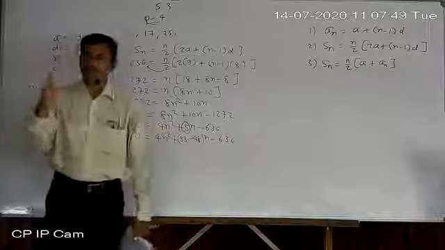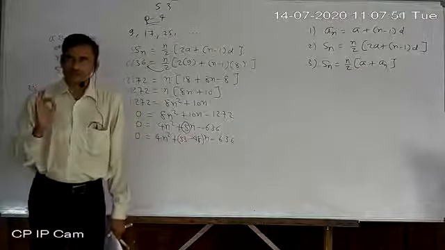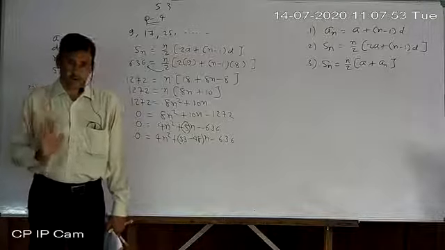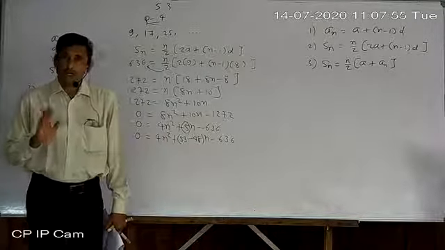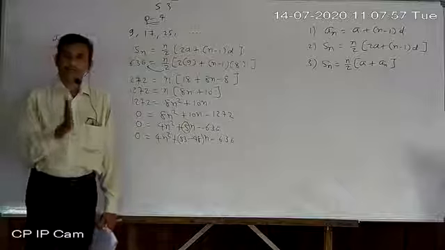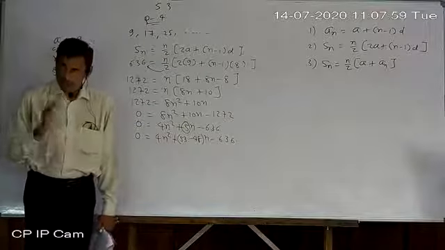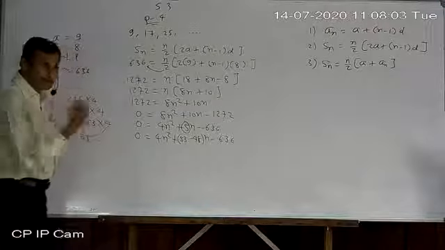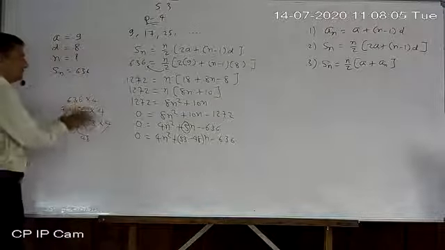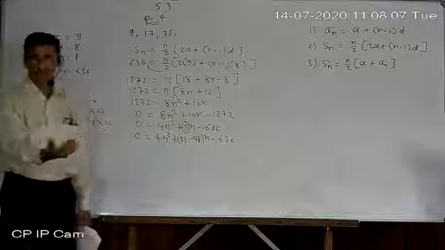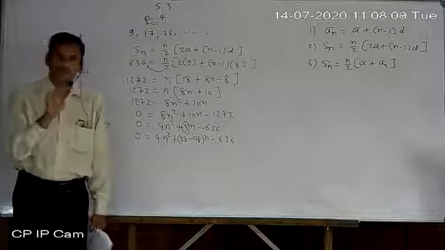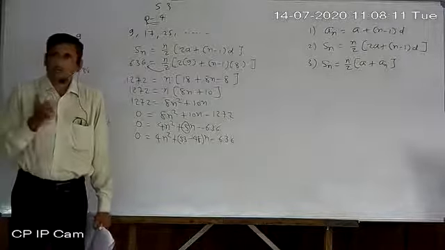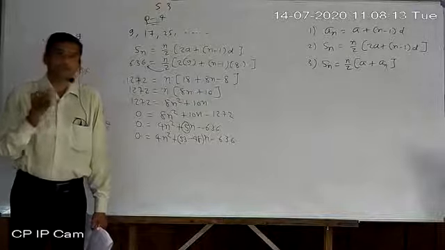One other option is also there: the quadratic formula method. You will learn it in chapter number 4. So far we have not studied it, but after studying that lesson you will have another option. But there is one problem, regarding finding the square root.